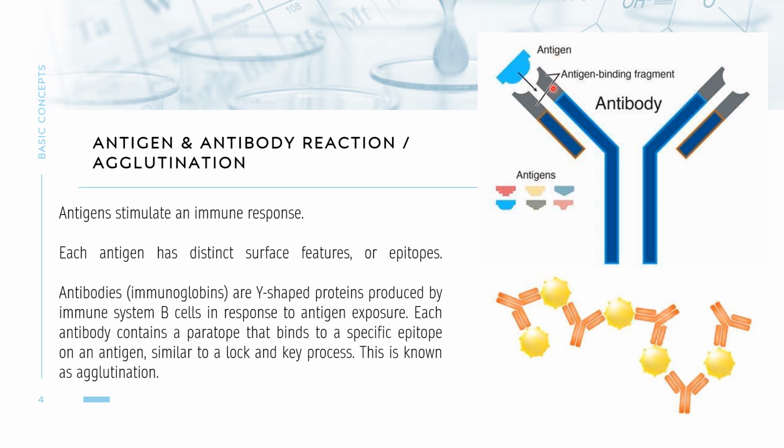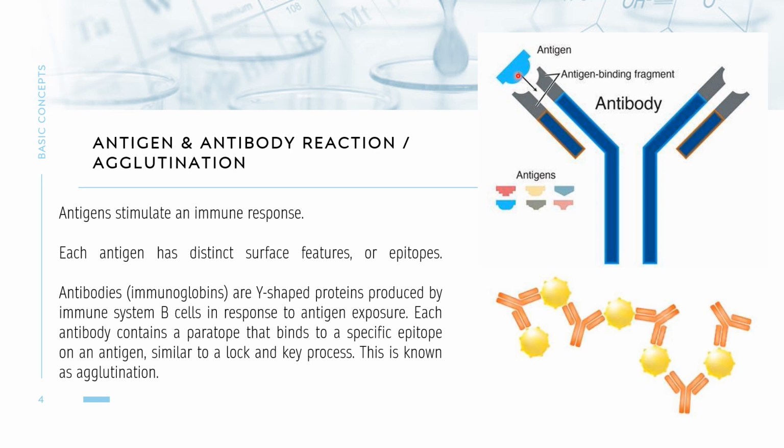The antibody is generally Y shaped, and on top of these arms it has a specific site which is called the paratope, which is this site here, and this paratope attaches itself to the epitope, which is the site of the antigen.